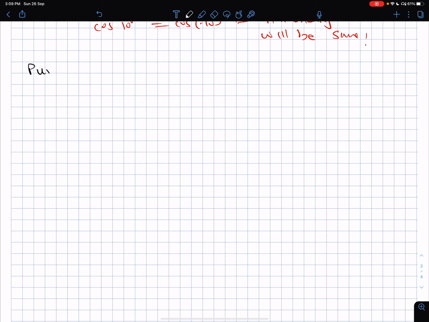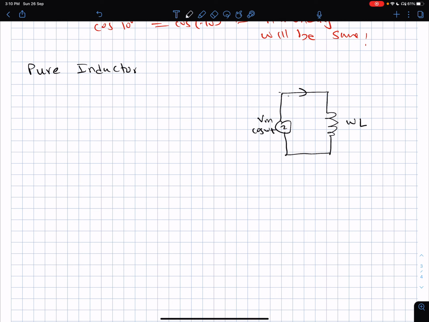Pure inductor, just like I looked at a pure resistor, now let me look at a pure inductor. That means I have a voltage source supplying a pure inductor of omega L. This is Vm cos of omega t, just to keep it as a reference value, and this is iL of t.